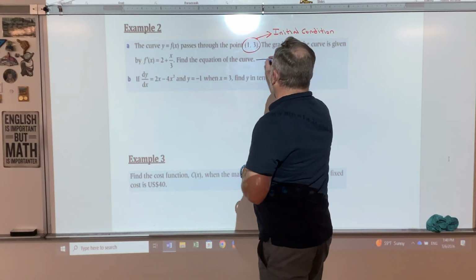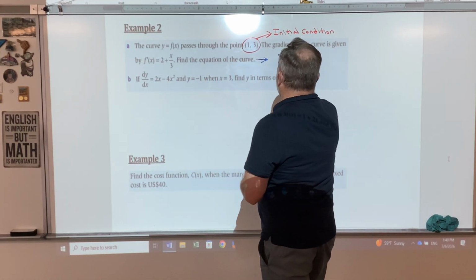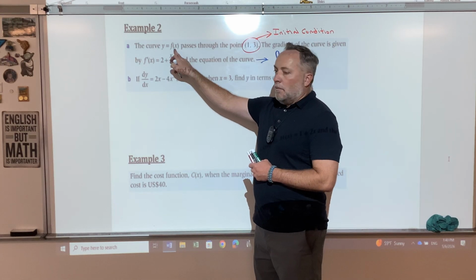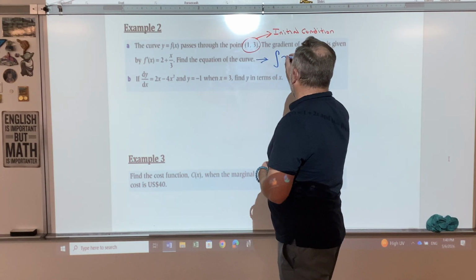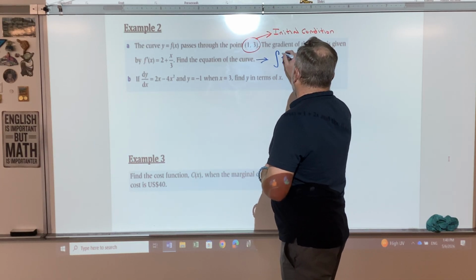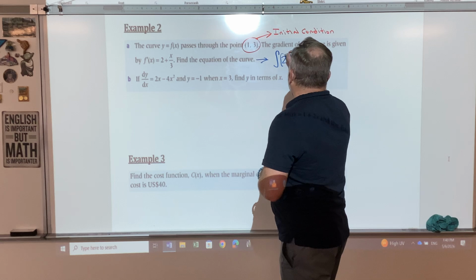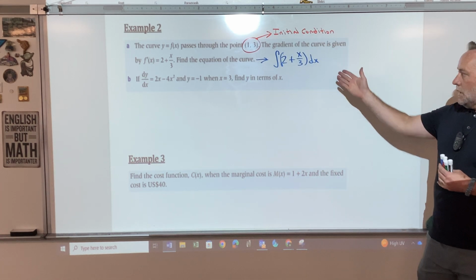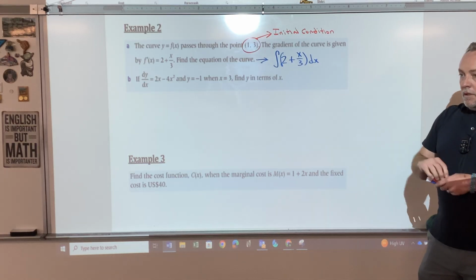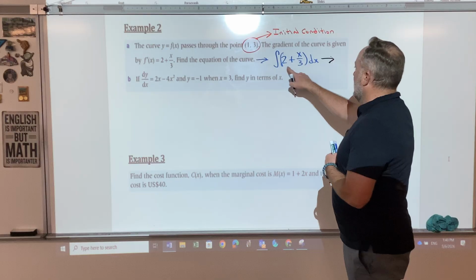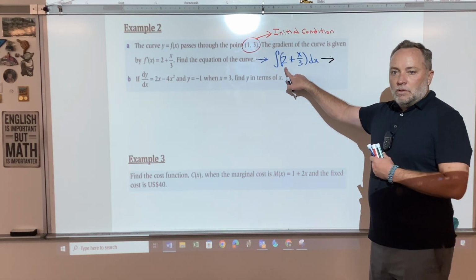So here we go. Let's take it from here. Here's what we're being asked to do. We have the derivative, we want the original, so we're finding the integral of 2 plus x over 3, you can put that in parentheses if you wanted, dx. That's what we're being asked to find, which is exactly what we were just doing on the previous examples. So, let's do it. What's the antiderivative of 2? 2x.